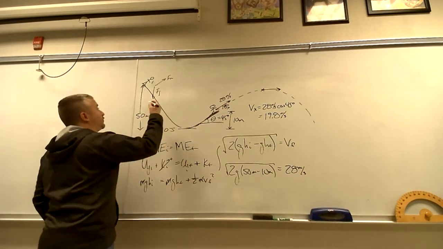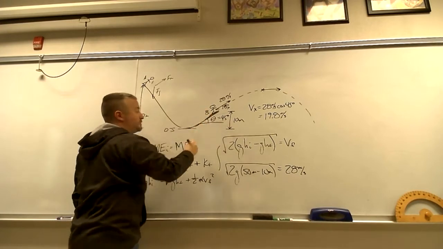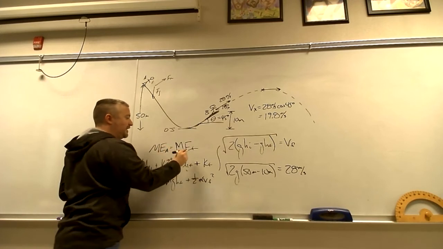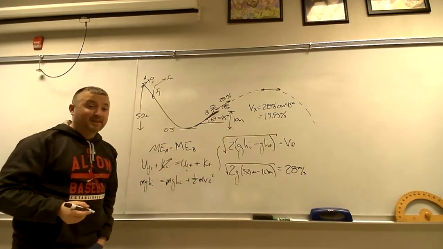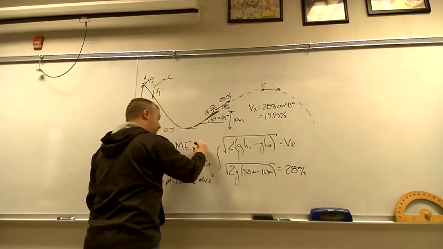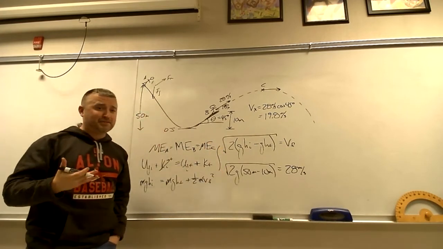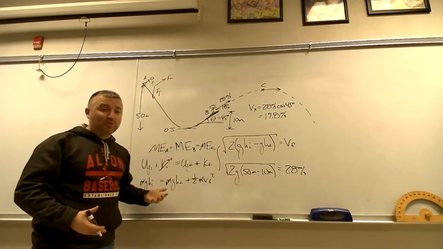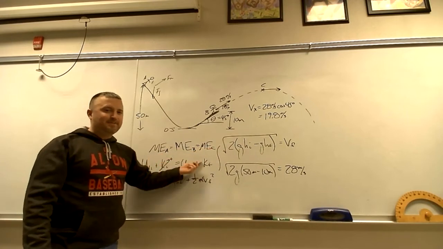If I have 3 different spots, let's call this spot A, this spot B, and this spot C, instead of saying initial and final, really the mechanical energy at A is equal to the mechanical energy at B. That also means it's equal to the mechanical energy at C. Sometimes students feel like they have to move the initial to here, and the answer is you don't. You can because B is equal to C, but also A is equal to C.